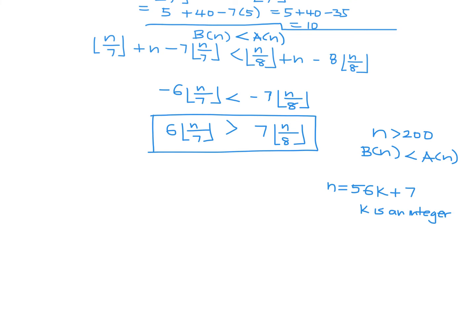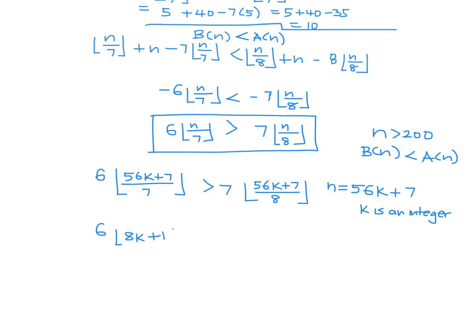So if I make that substitution, this becomes the bracket of 56k plus 7 over 7, and this becomes the bracket of 56k plus 7 over 8. And let's see here, 56 divided by 7 is 8. So this becomes 8k, and then 7 divided by 7 is 1. This becomes 56 divided by 8 is 7, and then I have 7 over 8.